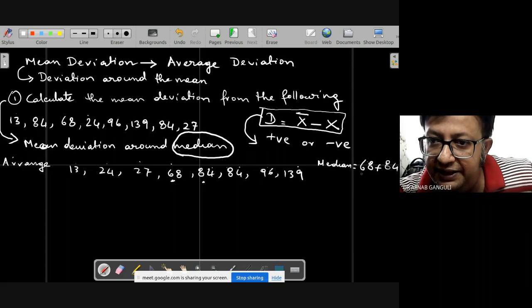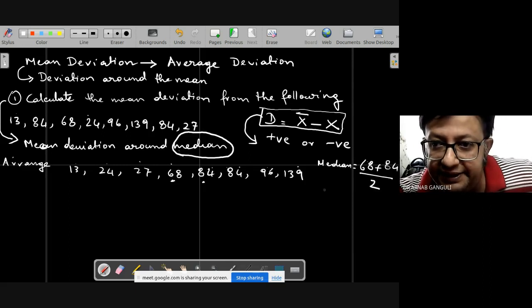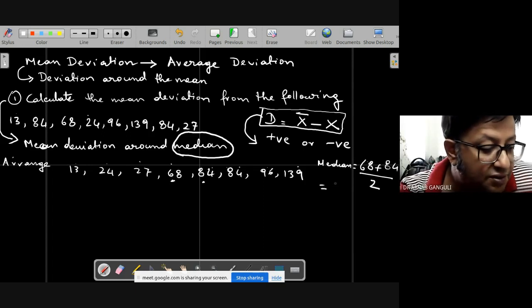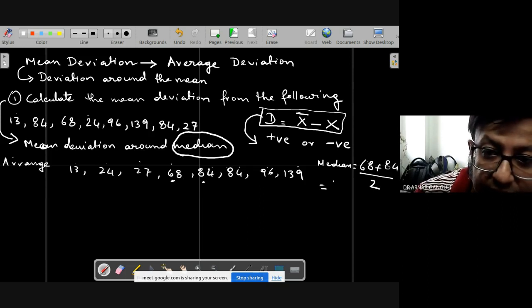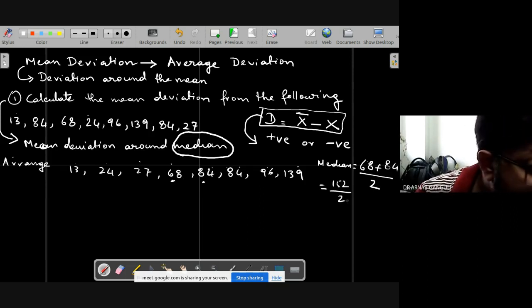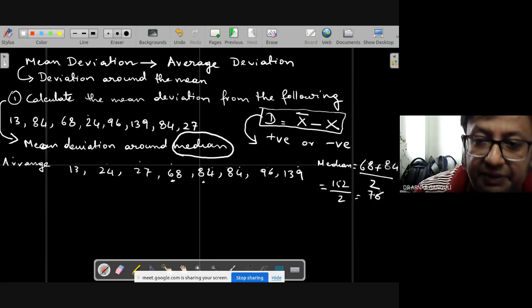So the median is 68 plus 84, that is 152, by 2, that is 76. So you are calculating the deviation around the median.